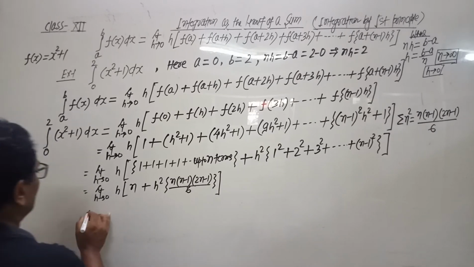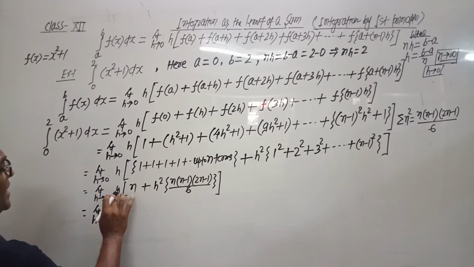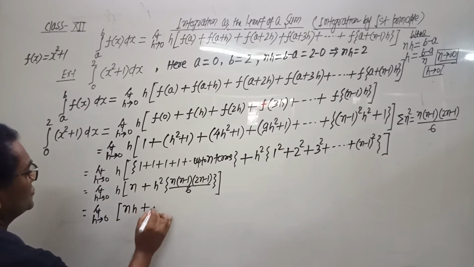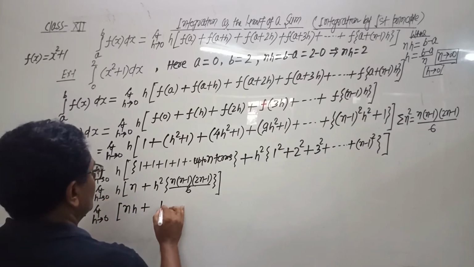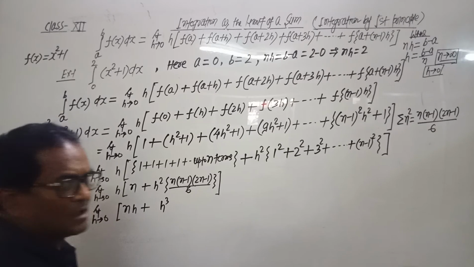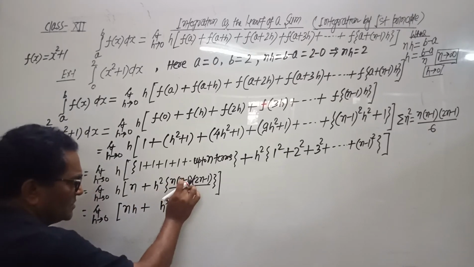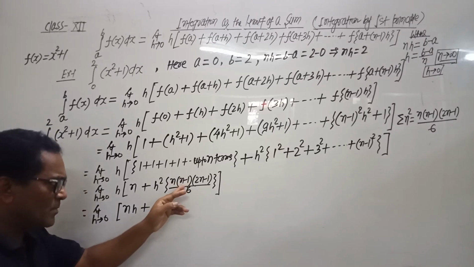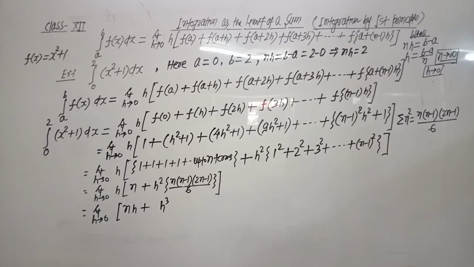So limit h tends to 0, h into n becomes nh, plus h into h square, h cube. Here n is outside. From this bracket we take nh common, and outside there is n, so n into n becomes n square.